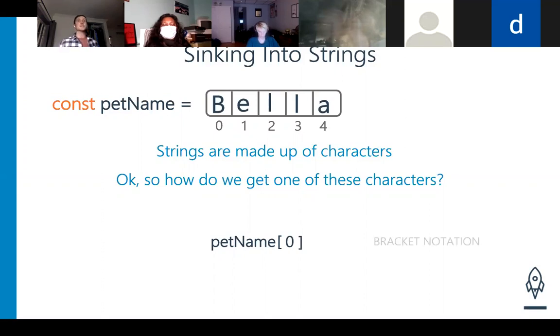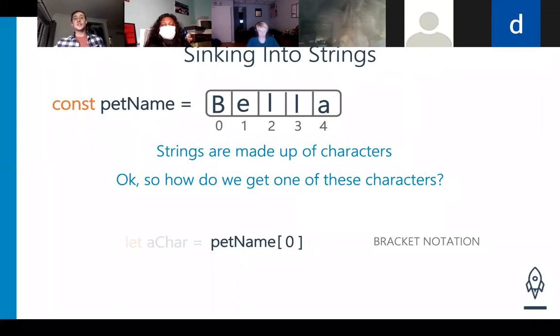This is called bracket notation. We are using square brackets to ask for some information, aka this capital B, out of the petName. Inside of the bracket notation, we include one number, whether it be 0 or 200, to ask for that particular box's info.